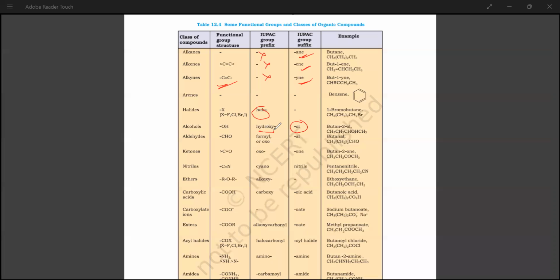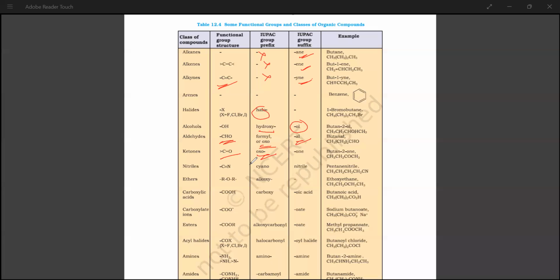Now see aldehydes. Aldehydes have the CHO functional group, and their prefix will be formyl or oxo, and the suffix will be al. And for ketones, the prefix will be oxo. There is a C double bond O, and the suffix will be one. Now see nitriles. Nitriles is CN.